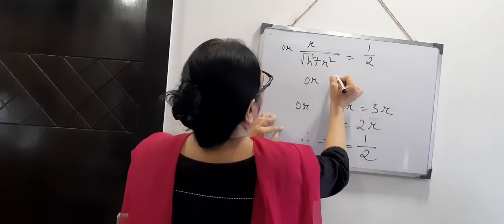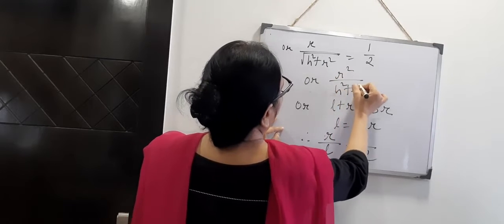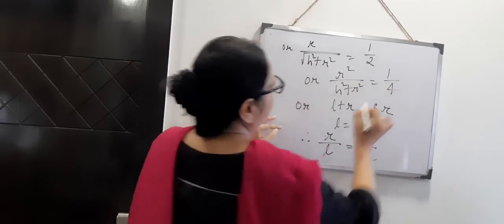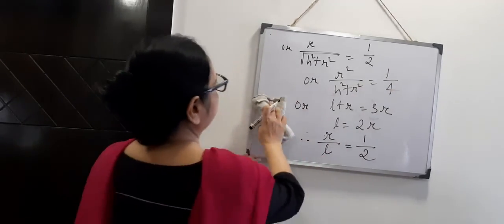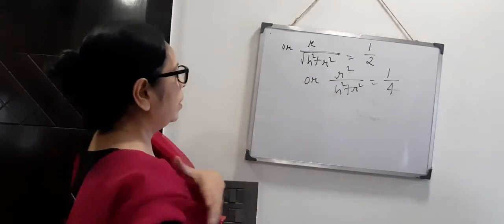Now squaring both sides, r square by h square plus r square equals 1 by 4. Then cross multiply.